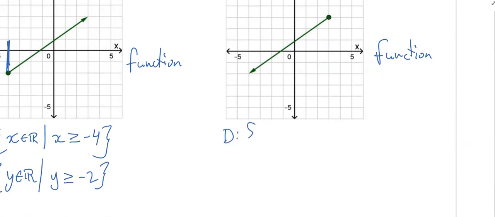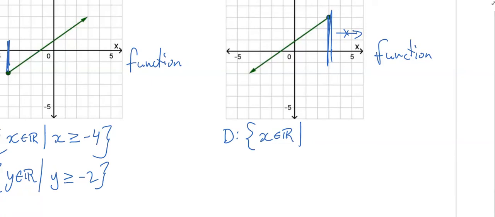Domain. So this one is the only one that looks like this, I guess. It has a maximum x. Look, it's never going to go above that. It's never going to go that way. So x is an element of the real numbers such that, how would you say this with natural language?